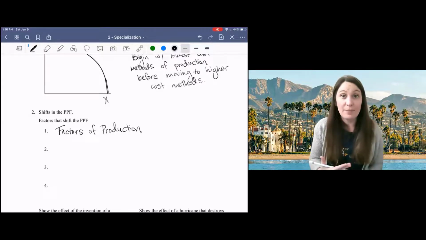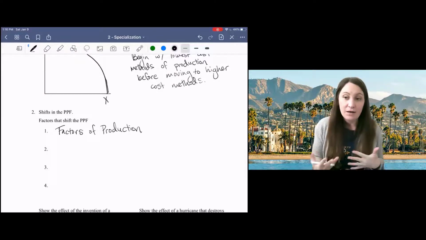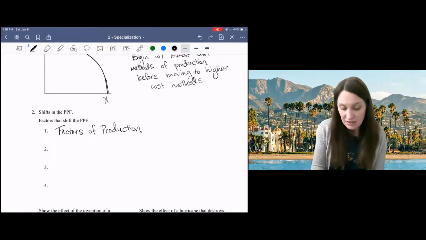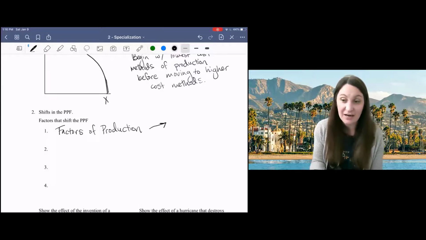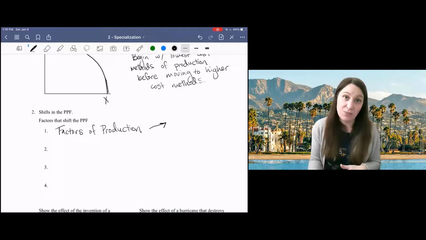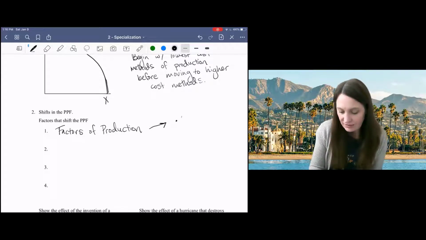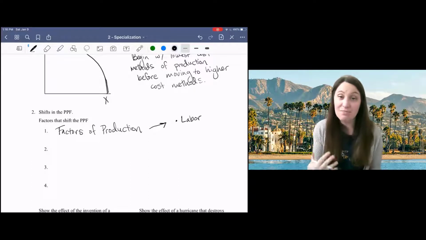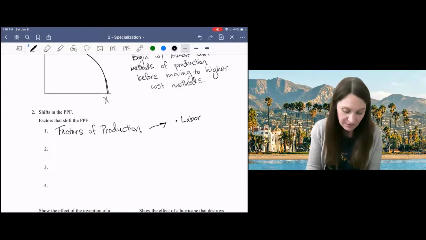In the previous examples, we've used time as a simple input, but in economics, we tend to break this down into a few different categories so that we can see how different inputs might affect production differently.